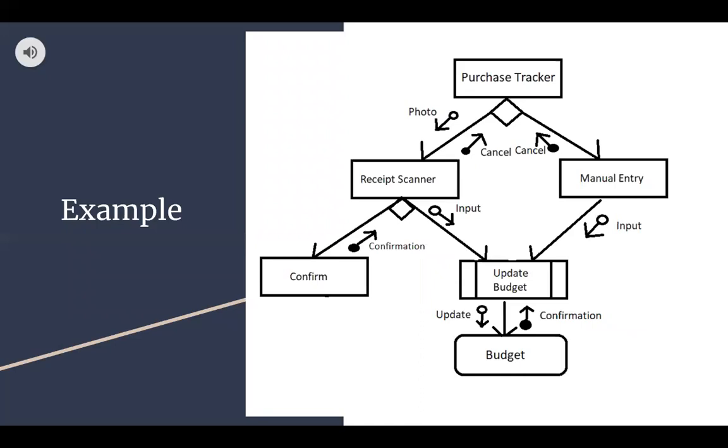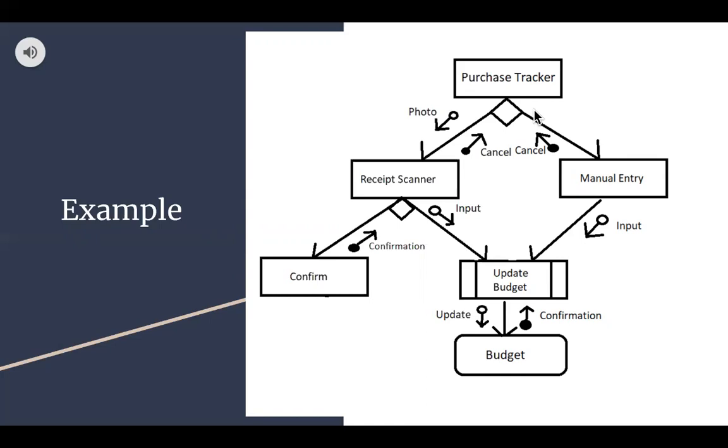We also see that a photo is being sent to the receipt scanner with the empty circle arrow. The receipt scanner requires a photo to be used. There is also a filled circle arrow pointing back at purchase tracker to indicate there was an error or the user decides to cancel and go back.